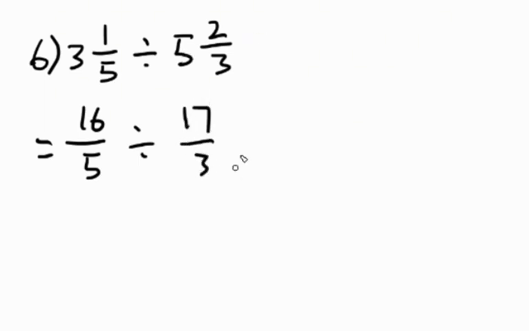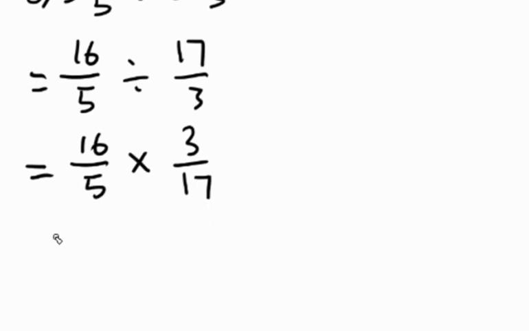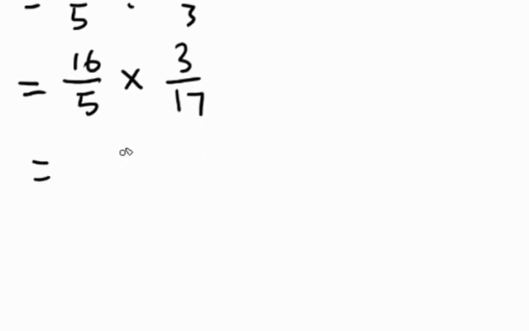Now we'll flip this fraction, which is 16 over 5 multiplied by 3 over 17. And since these numbers are not able to be simplified, we'll just do the multiplication. So the answer would be 48 over 85. And since this is not able to be simplified, it will be our final answer.